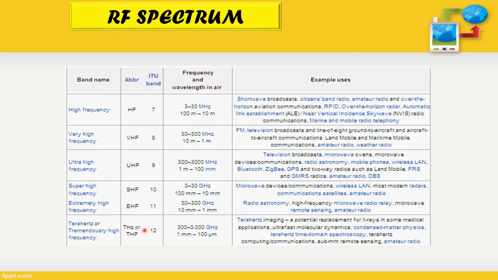So from all of these radio frequency spectrum, for this course, our attention is more on these three frequencies, that is very high frequency, ultra high frequency, and also super high frequency. Why? Because the applications of these three frequencies are FM, television broadcast, line of sight, okay, Bluetooth, Zigbee, GPS, wireless LAN.